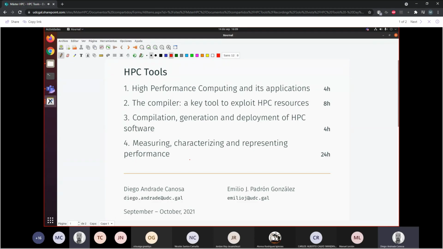Okay, but here we are going to focus more or less on the diagnosis of the application, to be able to understand why the performance is so bad and what we can do in order to improve the performance of that application. Okay, so today we are going to have 4 hours of class.